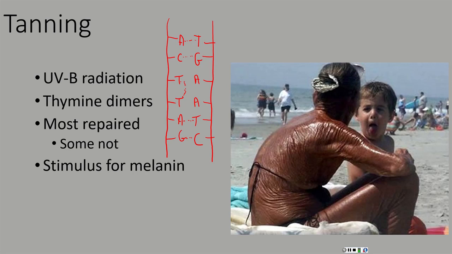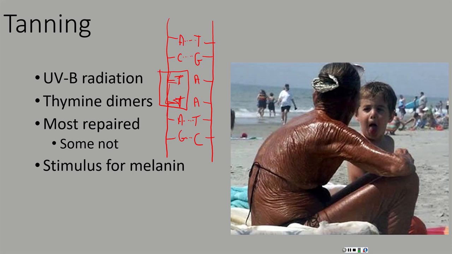Now, most of the time, that's quickly repaired. We actually have some mechanisms that come in, recognize stuff like this. They break that bond. They actually cut out this portion of the DNA and then put in new thymines. And it's like nothing ever happened.